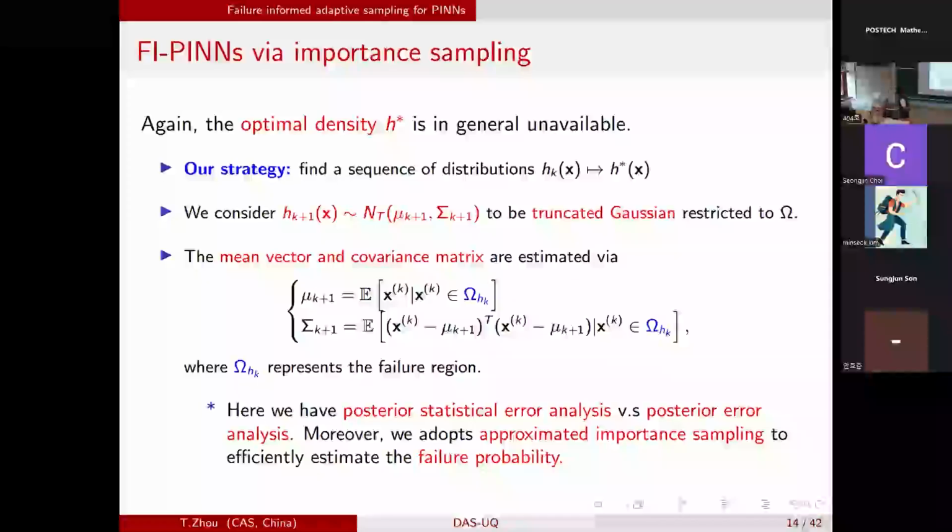Because you are always doing something in the failure region, these points are failure points. So next time, if you generate points by this density, with high probability the points are all failures. It means that for those points the residue should be very large, so adding these points into the training set should work.